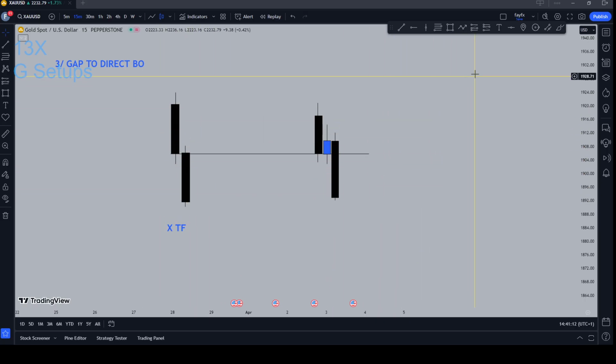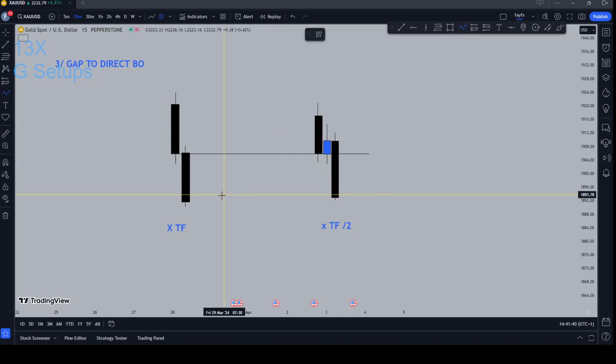And the bearish gap in X time frame. And when we go one time frame lower, we find a direct breakout. This is very, very strong, especially when the trend is aggressive, when there are big moves.